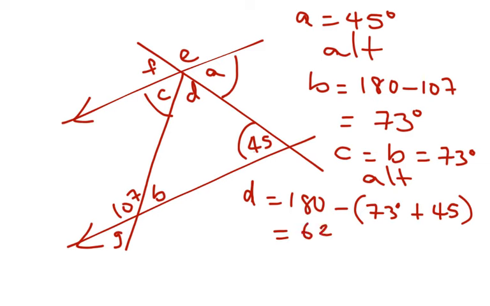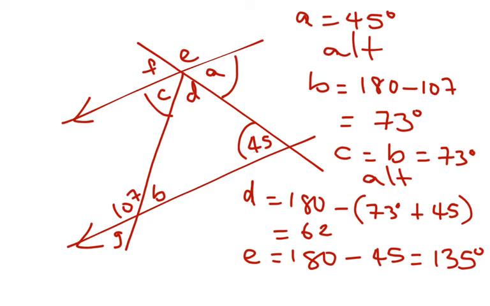That takes care of D. What are we on? E. Now E is pretty straightforward. It's also on a straight line with A. So a quick calculation of 180 degrees minus A, which is 45, gives us a grand total of 135 degrees, and that takes care of E.